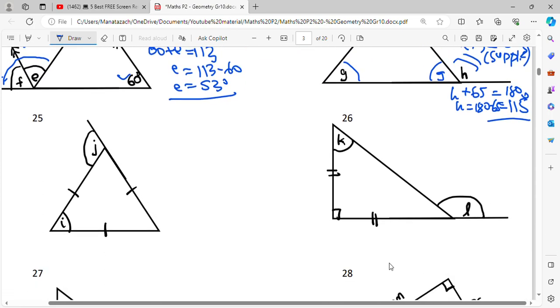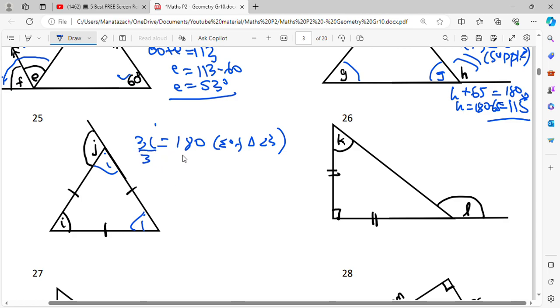Now let's do question 25. We'll calculate for angle I first here. Since all sides are equal, each and every angle here is going to be angle I. So 3I is equal to, in fact, they must give us 180 degrees, all of them, since it's the sum of the angles of the triangle, right?